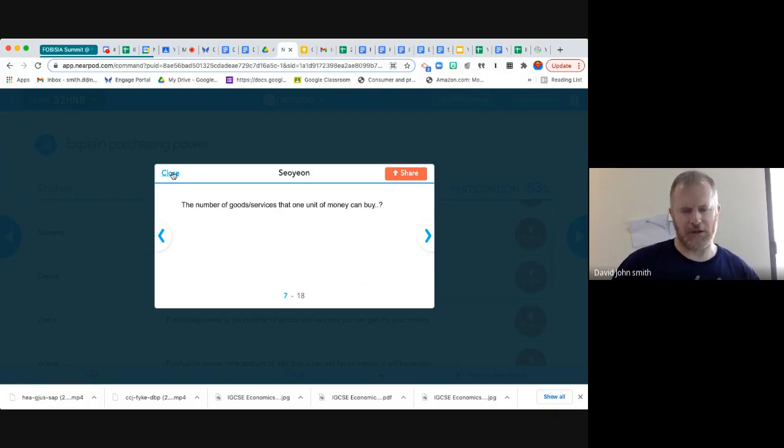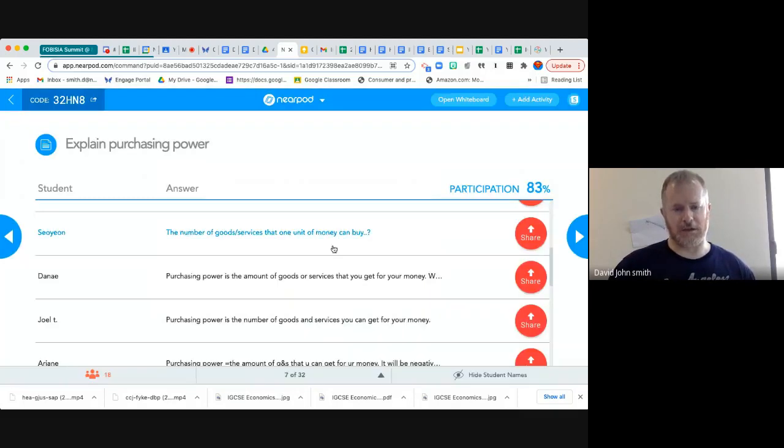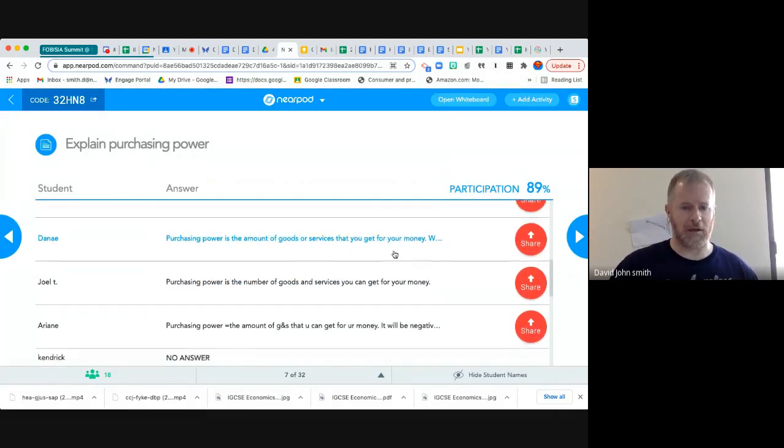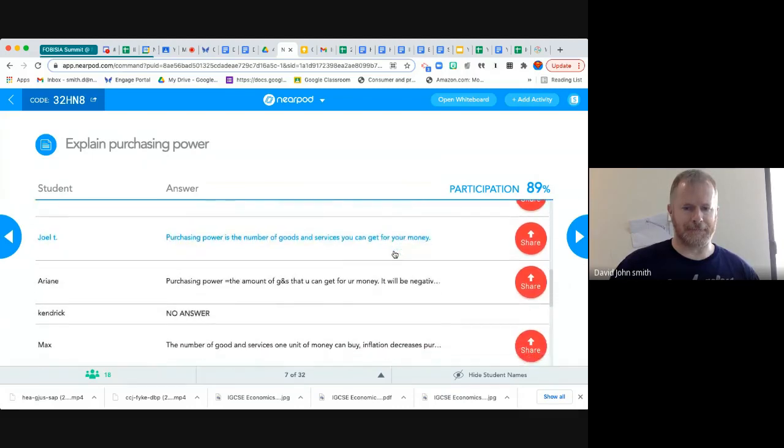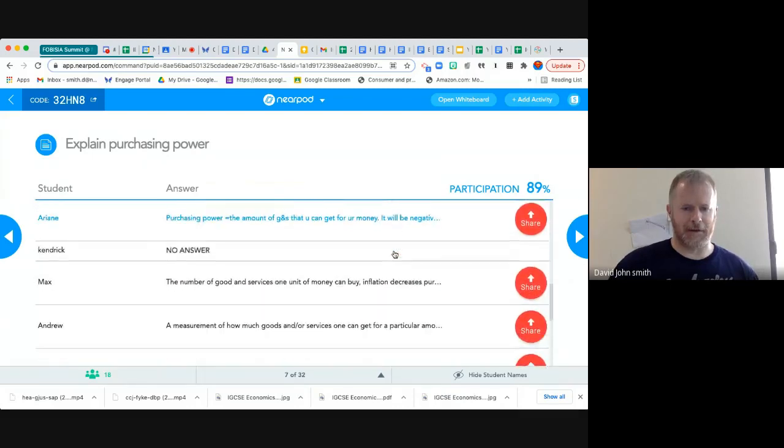It can just be in general. You can generalize it a bit there, say it's the amount of goods or services that you can buy with your money. Right. Come on, Kendrick, have a go.